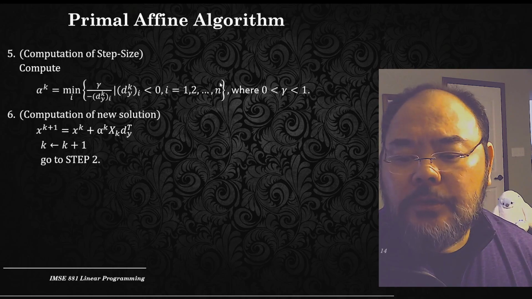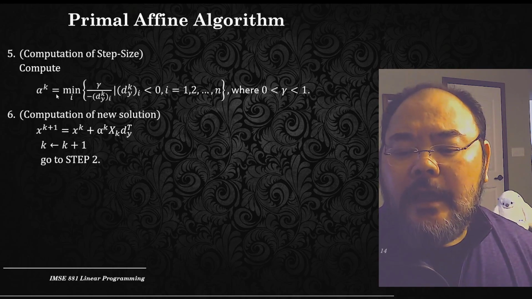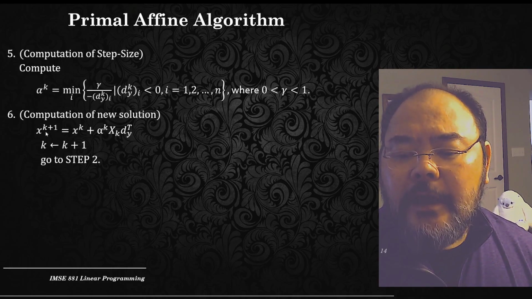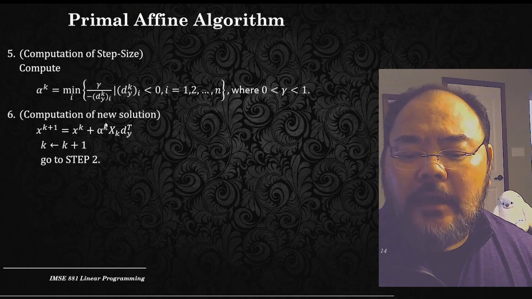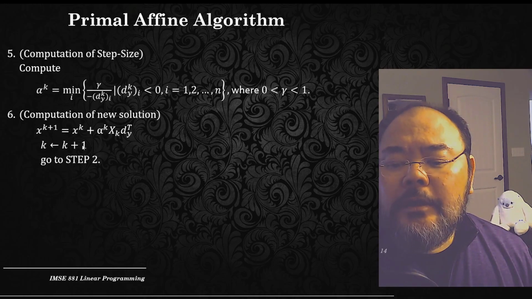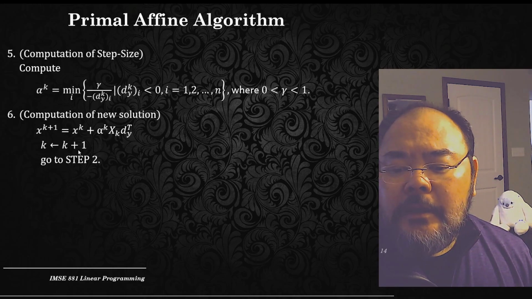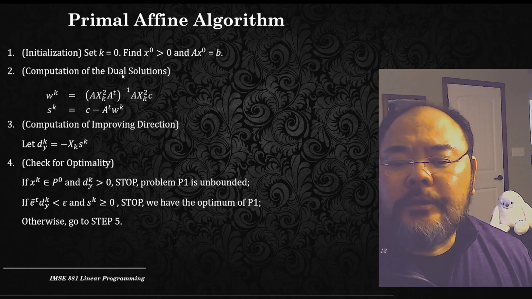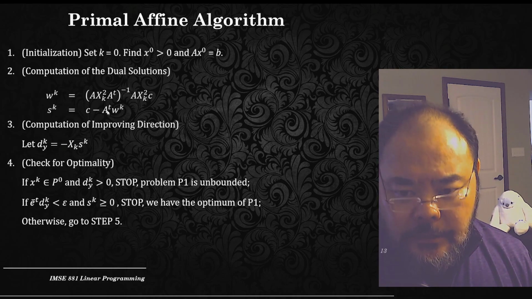Many people try different values. After I determine alpha k, I can update xk plus 1 by xk plus alpha k times capital Xk times dyk. Then we update the iteration number k to k plus 1, and go back to step 2 to recalculate the dual solution and the dual slack.